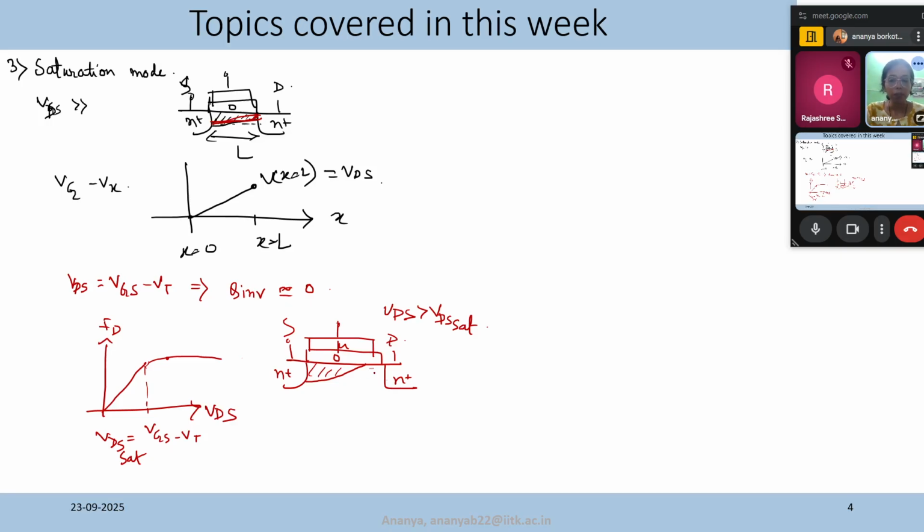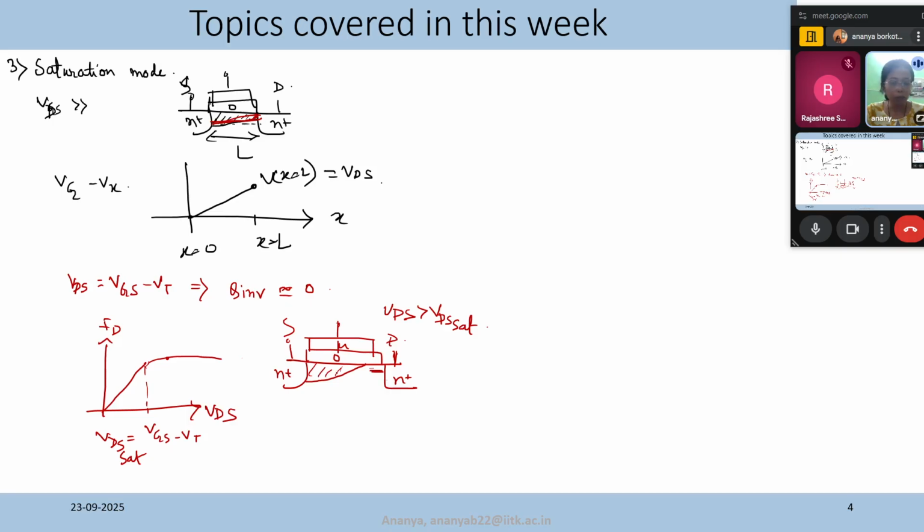There will still be a constant current flow. Why? Because there will be a very high electric field in this region. We are applying a very high voltage at the drain terminal, so there will be a very high electric field. So electrons will still be attracted and this circuit will be kind of closed. There will be current conduction because of the electric field present in this region.